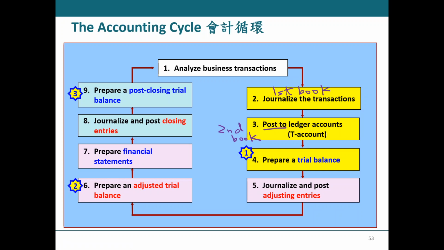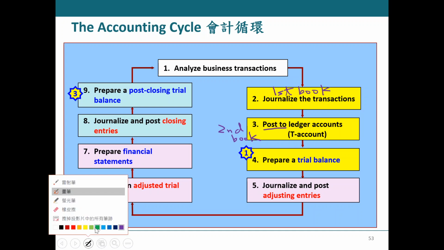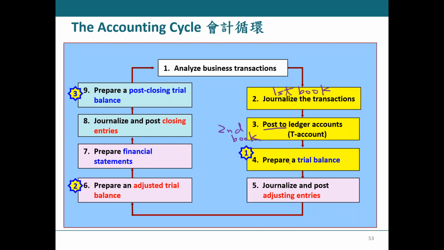After that, don't forget, we need to do what? Double check. So prepare trial balance is our first time double check. Prepare trial balance.